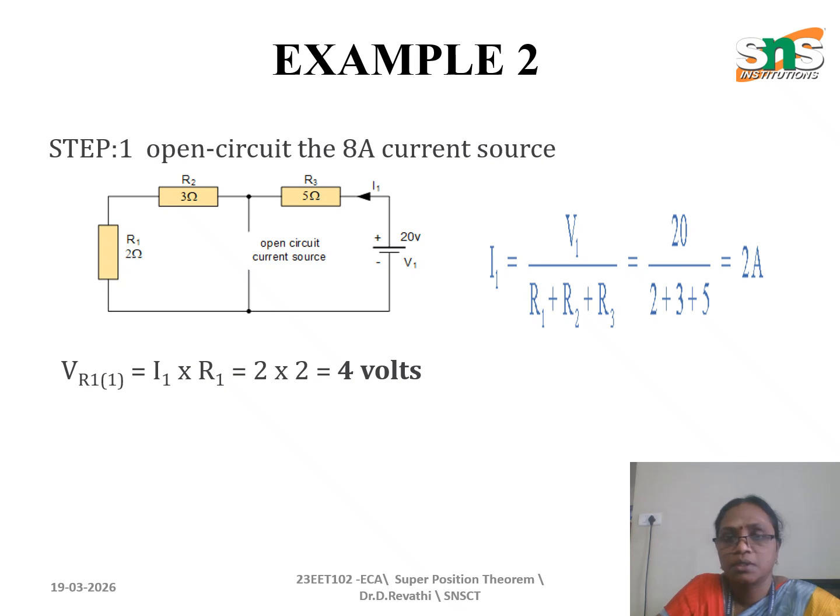V1 is 20 divided by 2 plus 3 plus 5, so the current is 2 amps. The 2 ohm is our aim, that is the load resistance, so 2 amps into 2 gives the voltage VR1. The ultimate aim is to find the voltage drop in the 2 ohm resistor. So with the voltage source, we find VR1 is 4 volts.